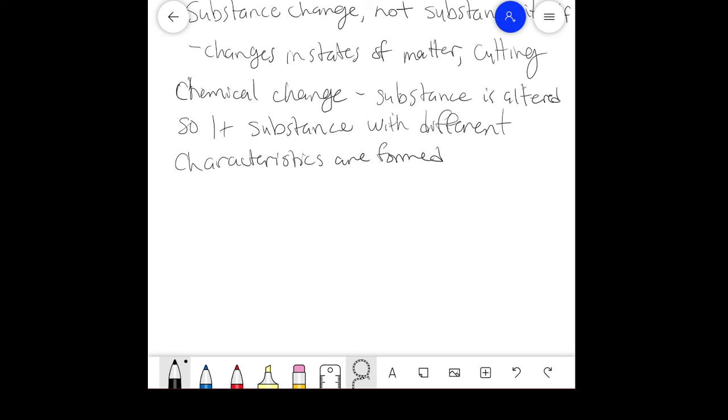So, a chemical reaction. Like combustion, exploding, heating, burning, cooking, baking, digestion, anything that's going to change it.